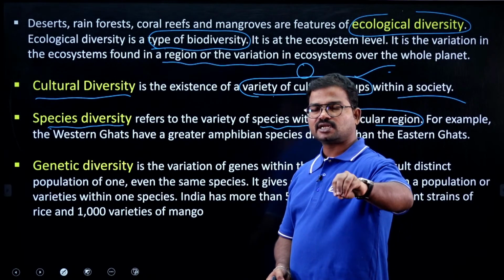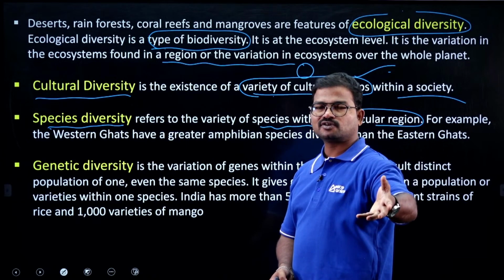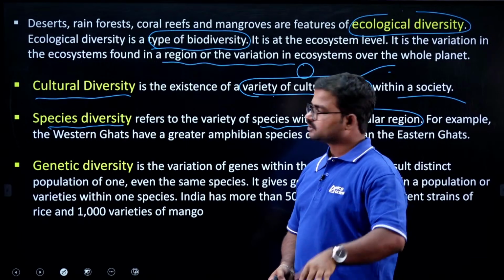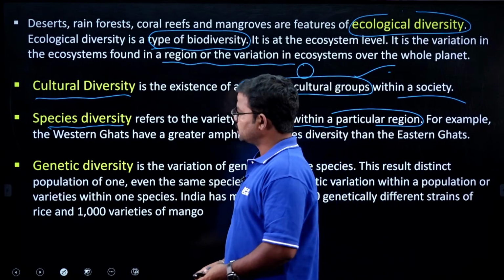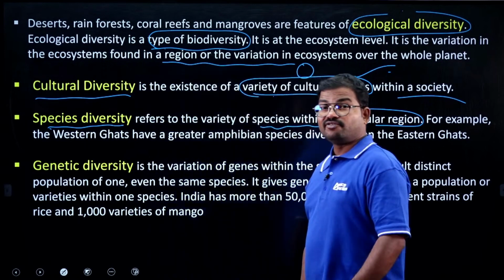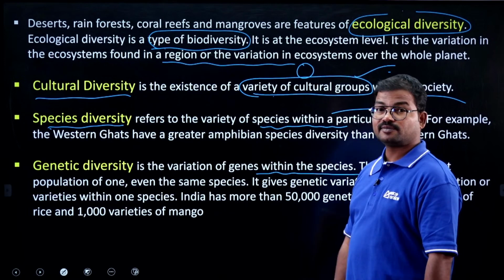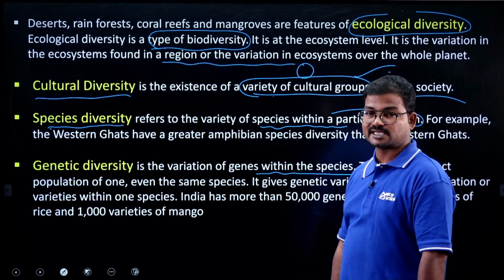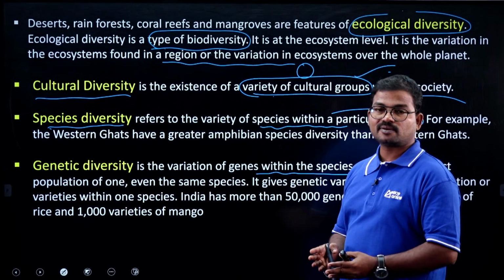In those ghats, there are different types of flora and fauna. So that's why this is considered one of the examples of species diversity. Next, genetic diversity. Genetic diversity means the various genes within the species. Let's consider one example. In India, we have different types of rice variants.